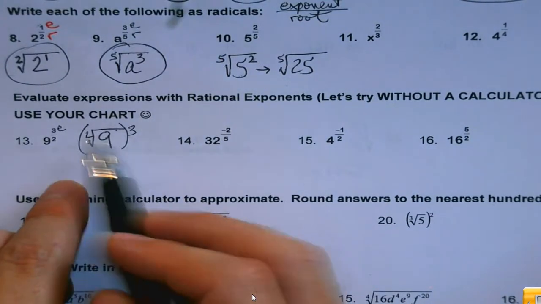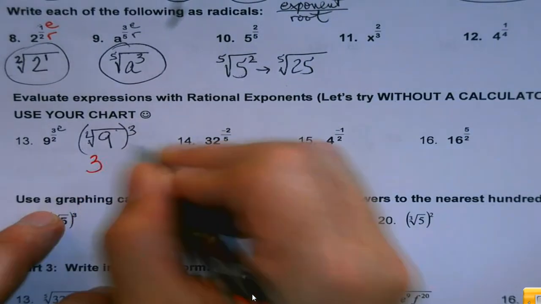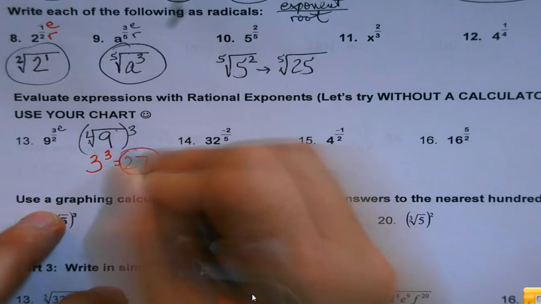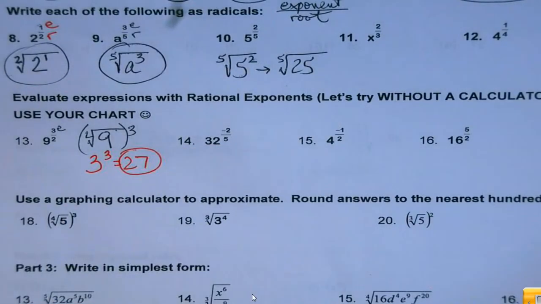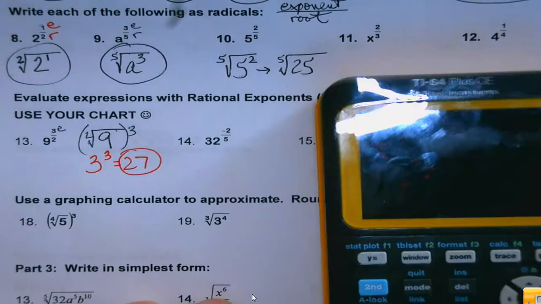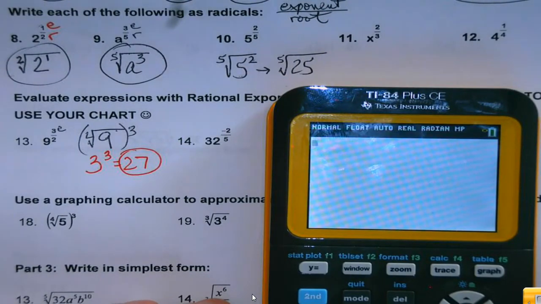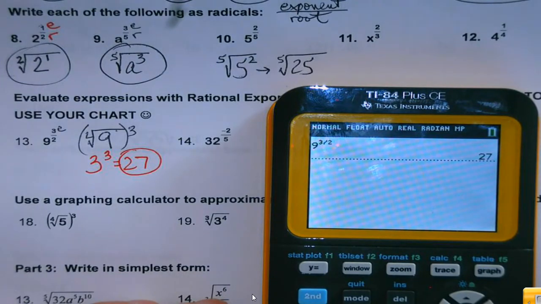The square root of 9 is 3, and then we would cube it and get our answer. But again, I understand reality. And reality tells me that most of you are just going to do this and get the same thing. Okay? Again, it's kind of your call on that.